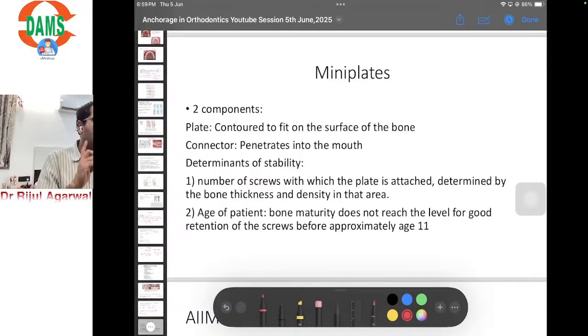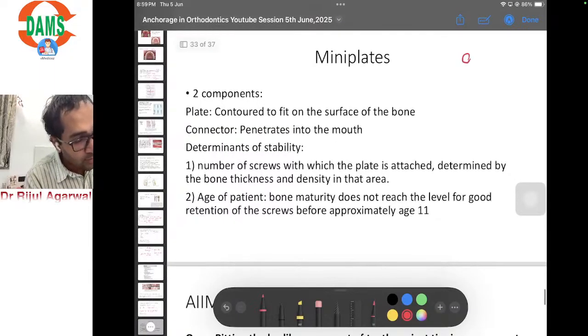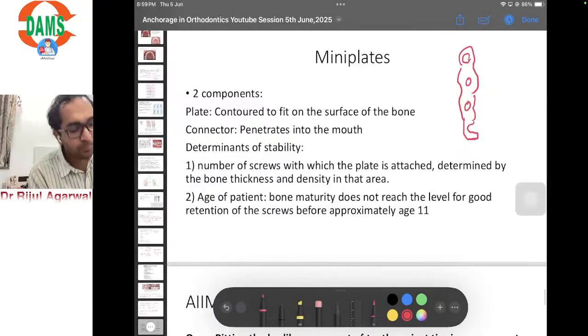Plate is the one which goes inside the bone, and it is contoured to the surface of the bone, and connector which penetrates outside the bone. So that it is in the form of this. Like this. So this is the plate part. It can be 1 screw, 2 screw, 3 screw as well, and this is the connector part.